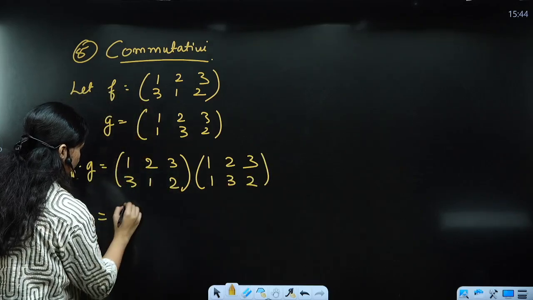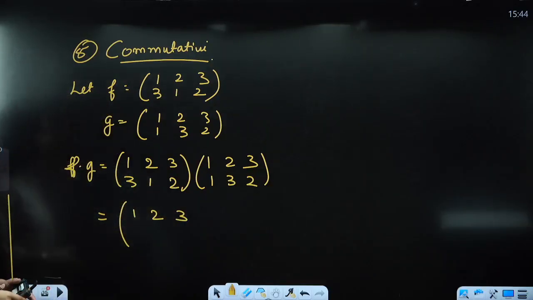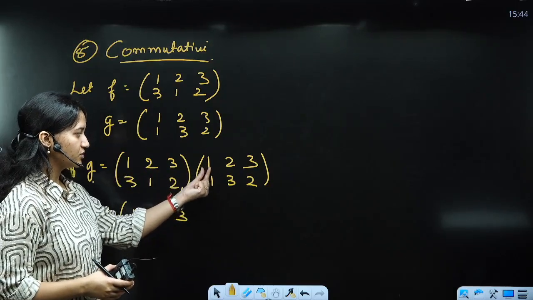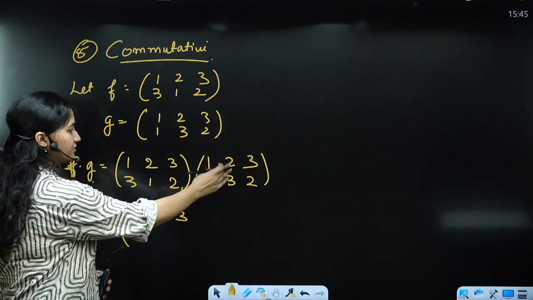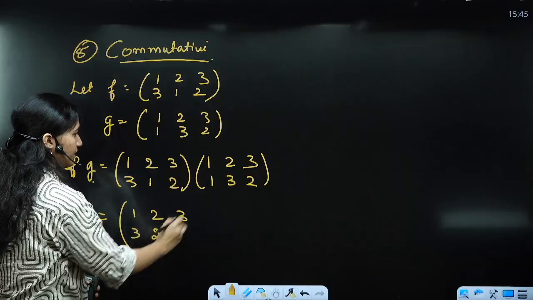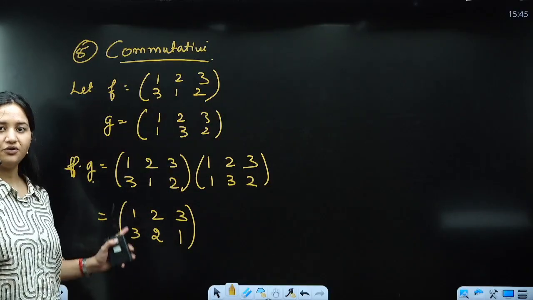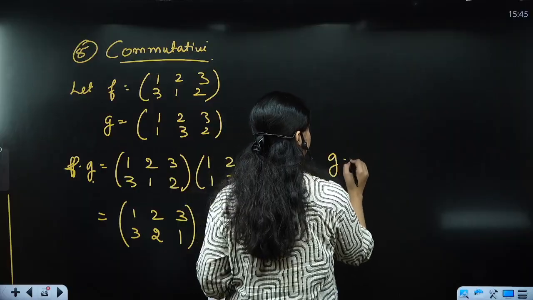I'm multiplying the two permutations, right? So basically I'm applying the function g first, so I'm going to start from here. So 1 is mapped to 1 and 1 is mapped to 3 here. Now 2 is mapped to 3, 3 is mapped to 2; 3 is mapped to 2, 2 is mapped to 1, right? So this is the value of f dot g, and then I will do g dot f as well.